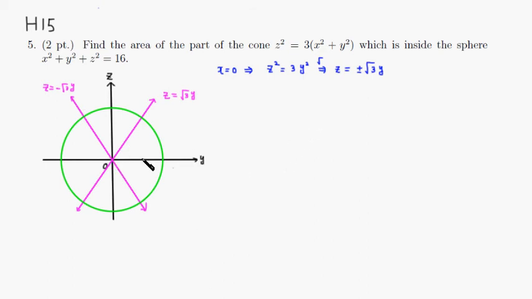So it's got to be inside the sphere and on the surface of the cone. So maybe I should draw the cone in 3 dimensions. It's going to look kind of like this. This is the cone, the surface of the cone we want to find. I'm going to shade it a little bit.